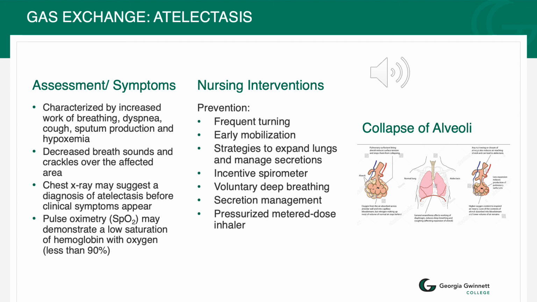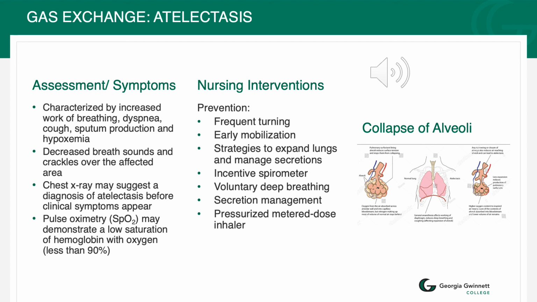This is a very good example of how our nursing interventions can prevent this. Again, a lot of times it happens when people are immobile. So making them mobile, turning them a lot, having them use that device that we talked about already, the incentive spirometer, having them take those voluntary deep breaths.